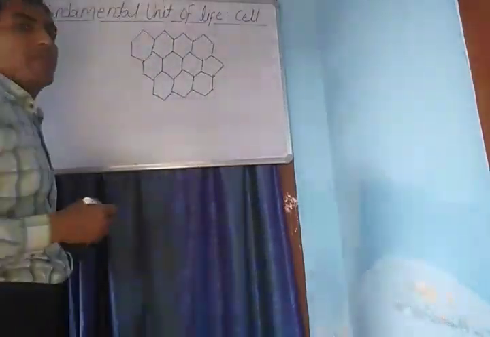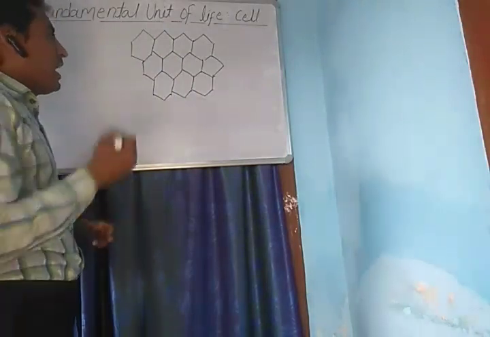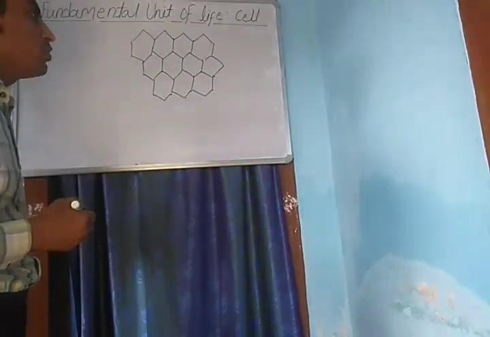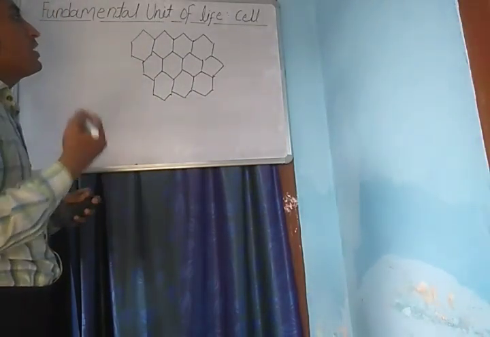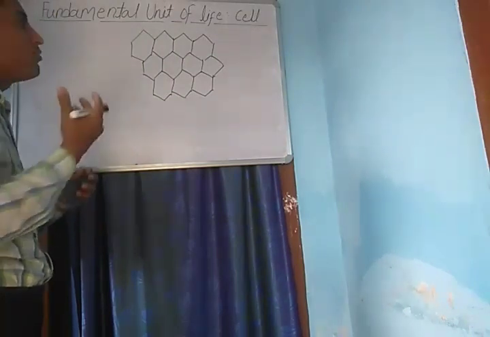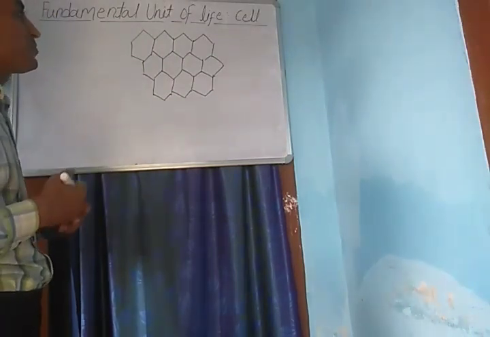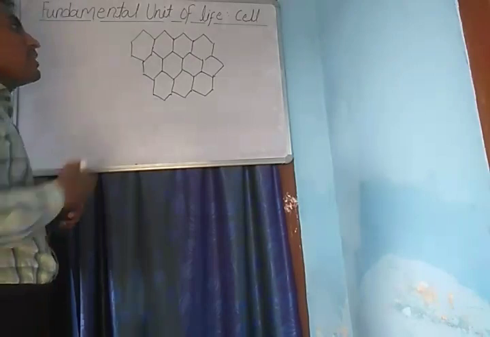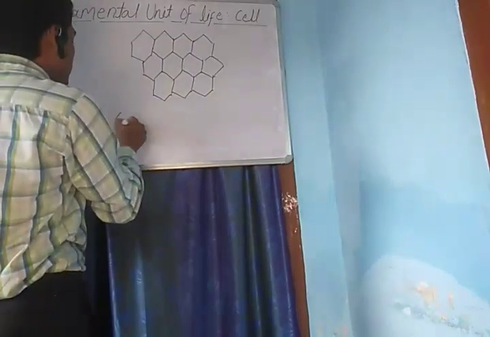And after that, Robert Hooke thought about what name is good for it. So he provided the name cellula.